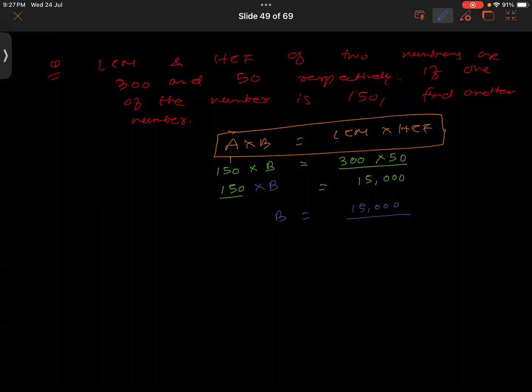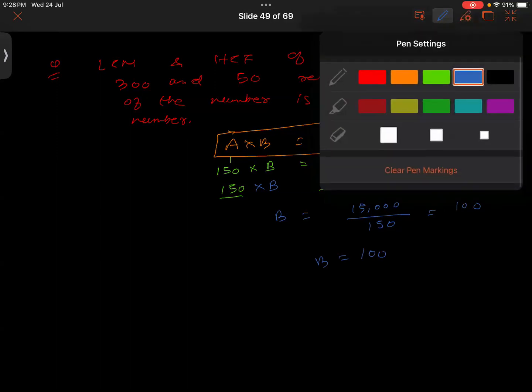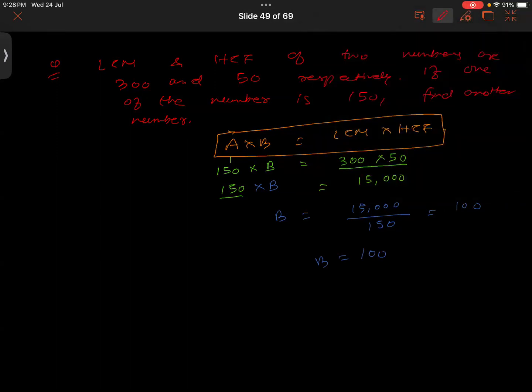So 15,000 would be divided by 150. Here I have written directly 15,000, like by multiplying it. So that would be 15,000 upon 150 and thereby it would be 100. So B is 100. Hope that was clear and you understood this, right? Yes. Okay.